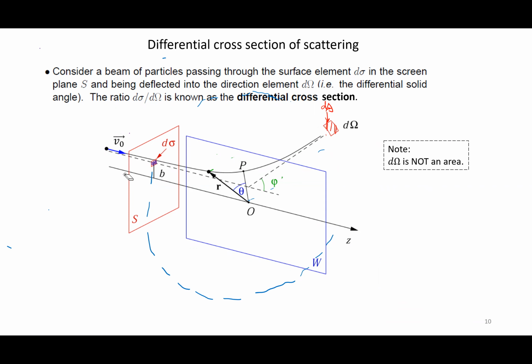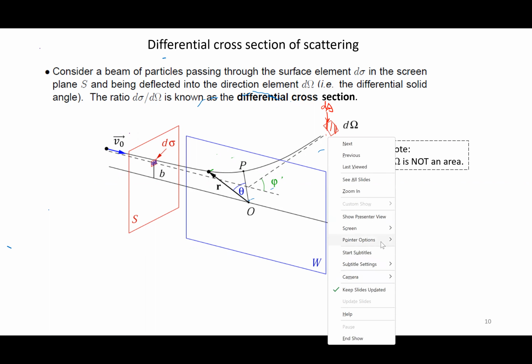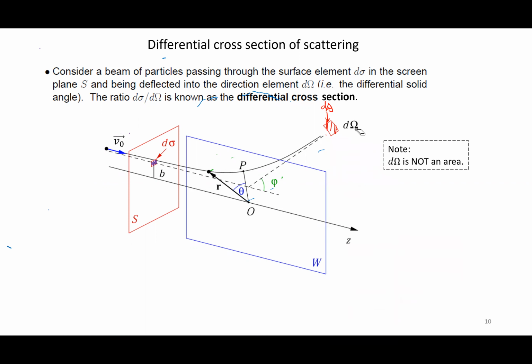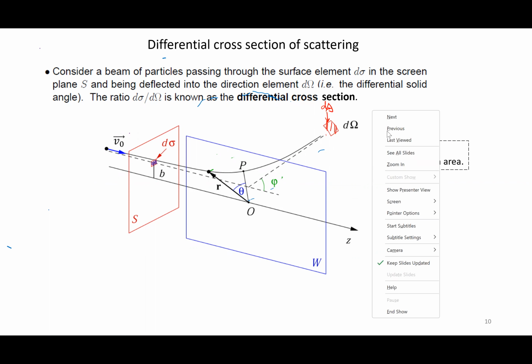For each detector dA, the location of d sigma is really far away from O, and this dA is also really far away from O. Now, this d omega, I'm sorry, not d sigma, this d omega, is known as the solid angle of this dA. So what is solid angle?